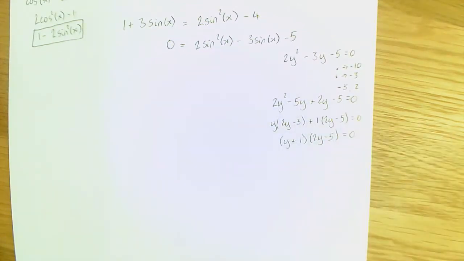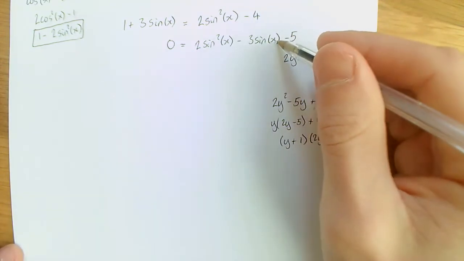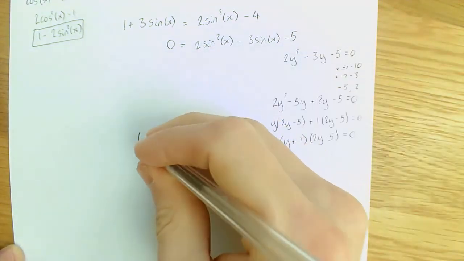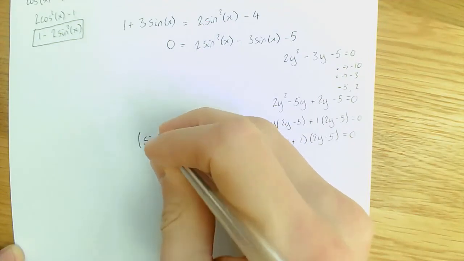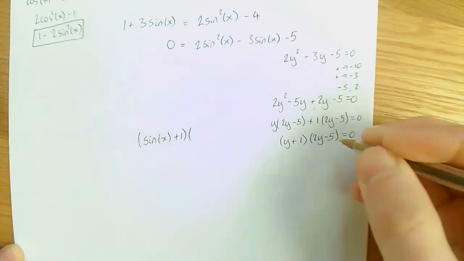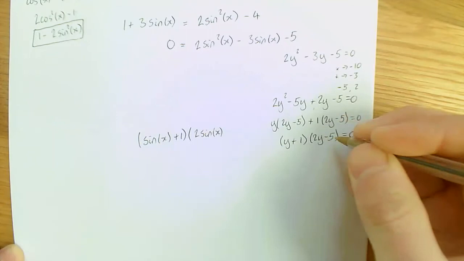Okay, so that is our kind of quadratic solving, but now we relate this back to what we had up here. So instead of our y's, we're using sine x's. So we have sine of x plus 1. And our other bracket is 2 sine x minus 5.